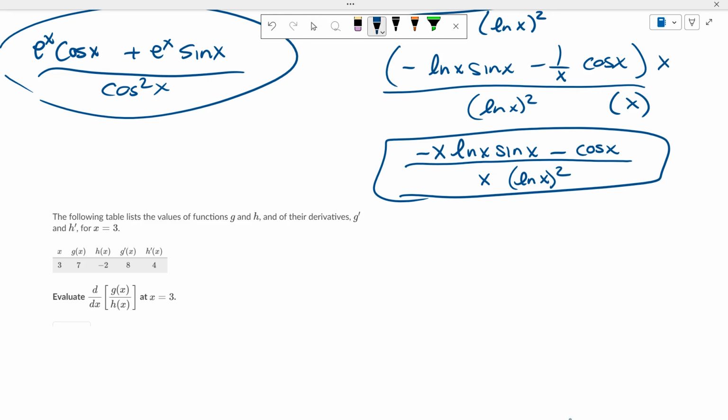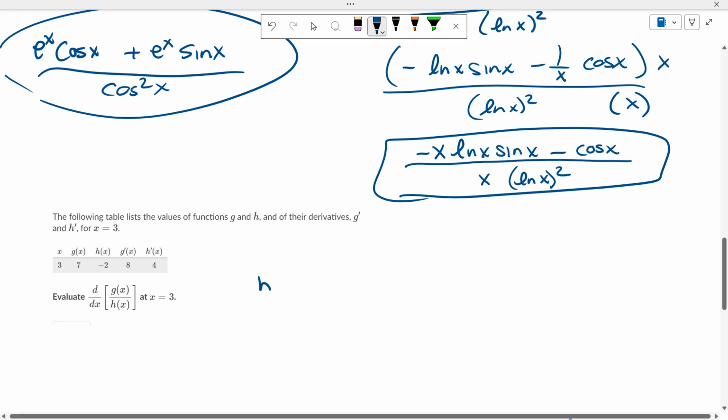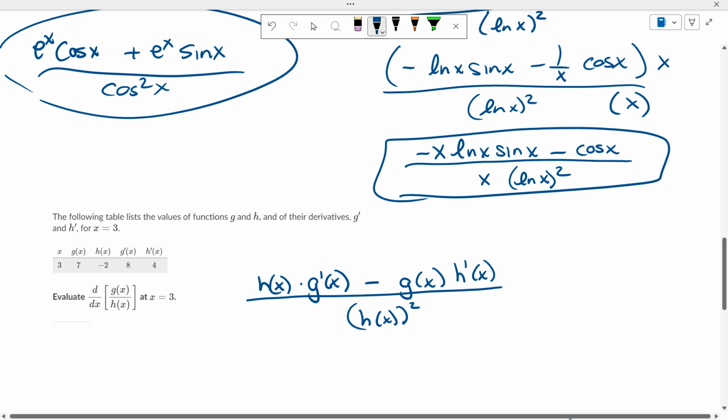All right, so for this one, I want to do the quotient rule. What's the quotient rule? Well, it's h of x times the first derivative of g of x minus g of x times the first derivative of h of x over h of x squared. Correct? Now you just put in the numbers.